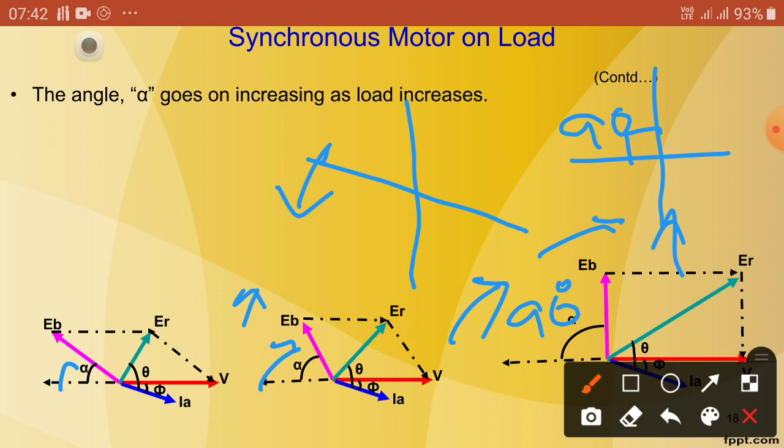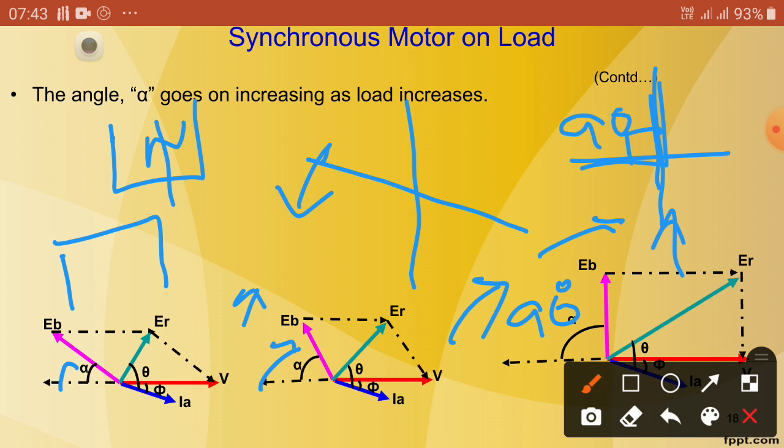The maximum is developed: EB minus V minus EB, that is ER, is a maximum. If further increased, the stator and rotor axes come here, so this axis is nearly 90 degrees.